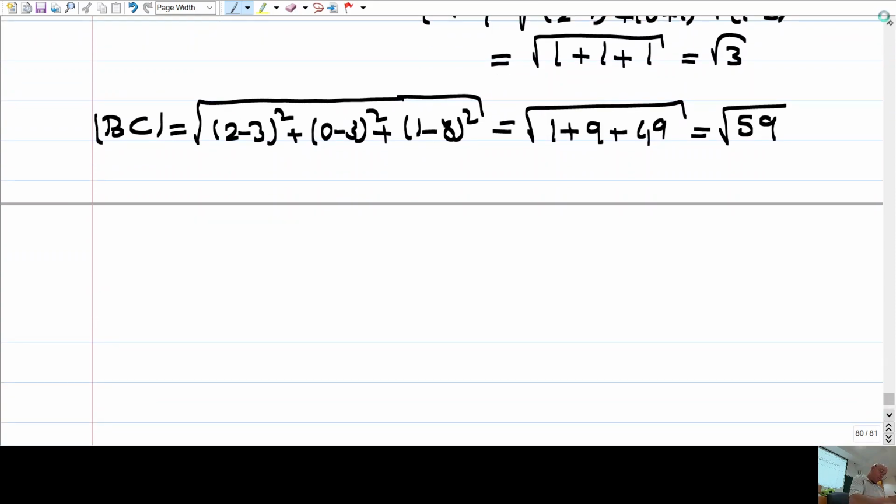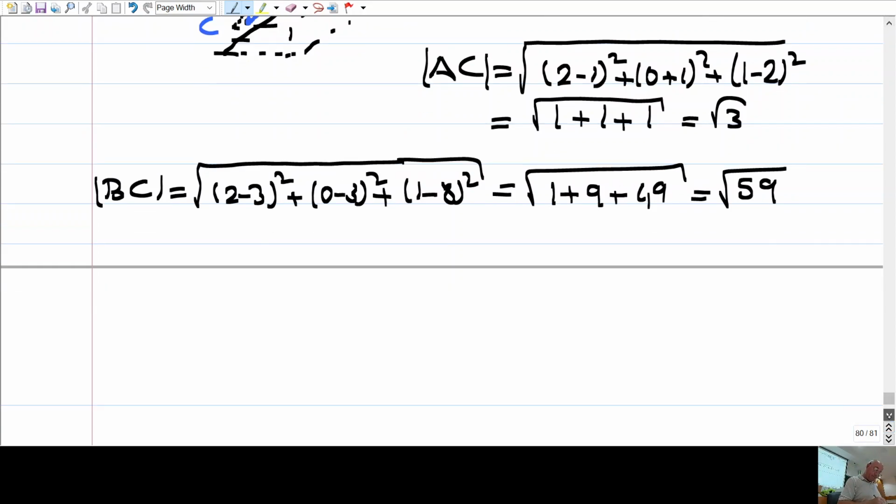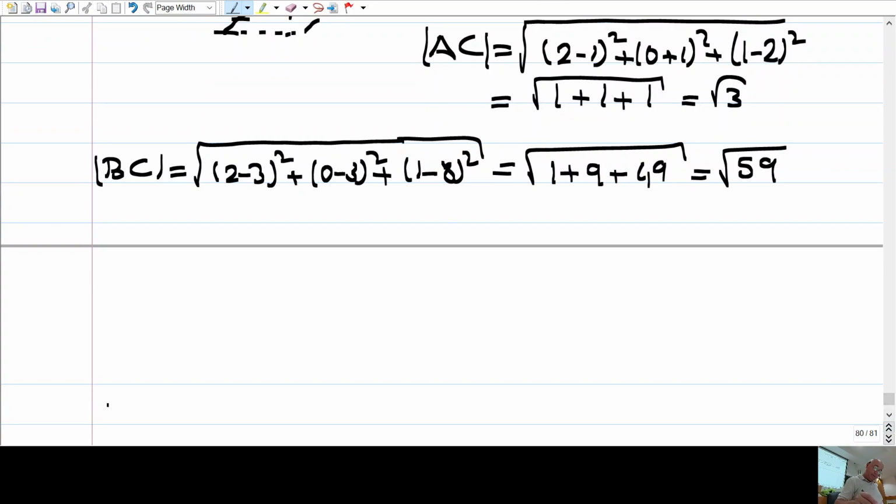Well, a triangle is a right triangle if and only if its sides satisfy the Pythagorean identity, right? Now let's see. AB squared plus AC squared.